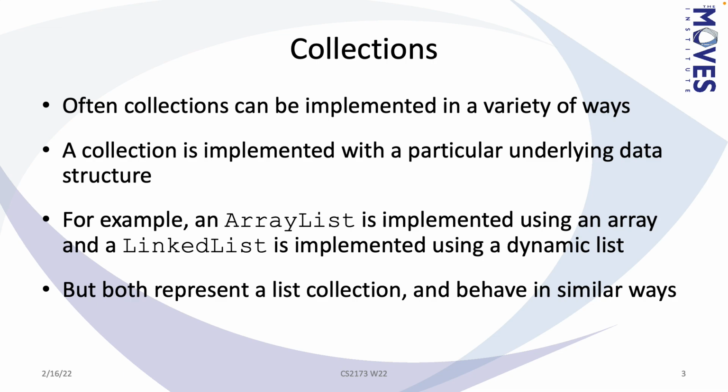But a linked list is implemented, kind of as you understand a linked list to be. That is, instead of an array, they have these internal objects called nodes, and you have a reference to the first one, and then a reference to each succeeding one. So each node points to the next guy and the next guy and the next guy.